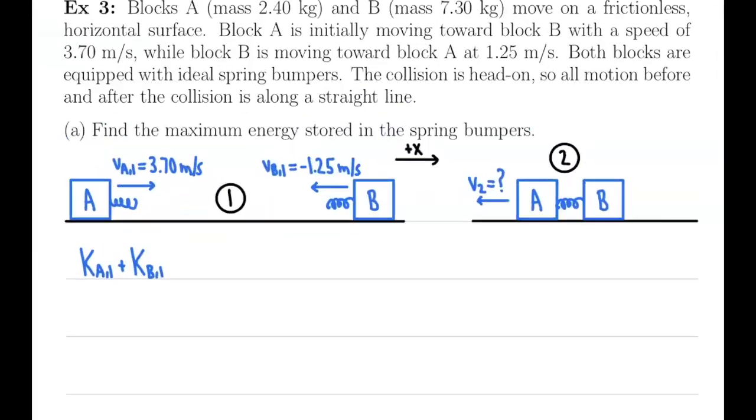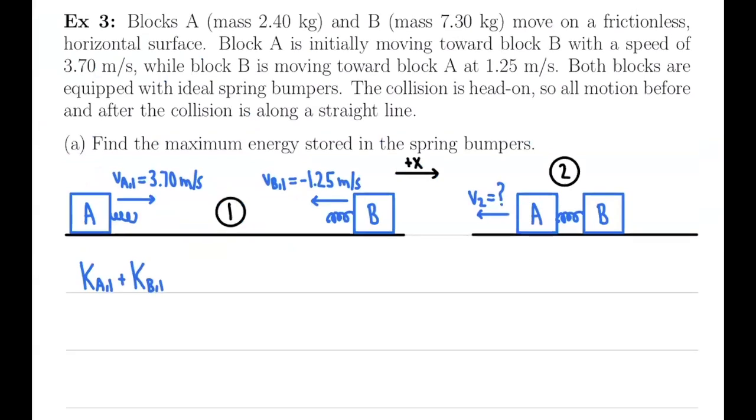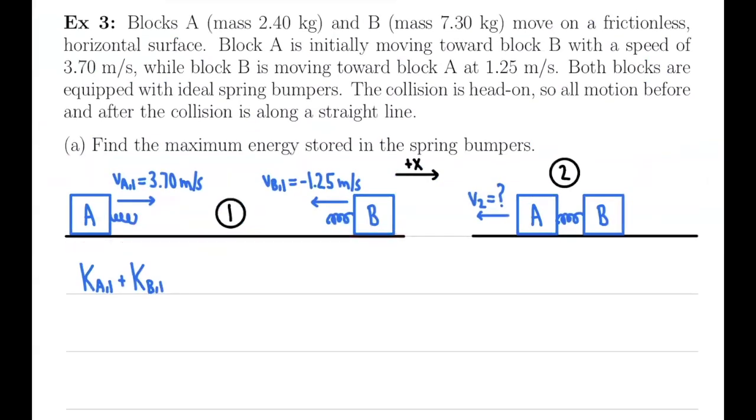So we have KA1 plus KB1. And we don't have any non-conservative forces because it's a frictionless horizontal surface. And the normal force is perpendicular to the displacement, so that does no work. So we just have kinetic energies.